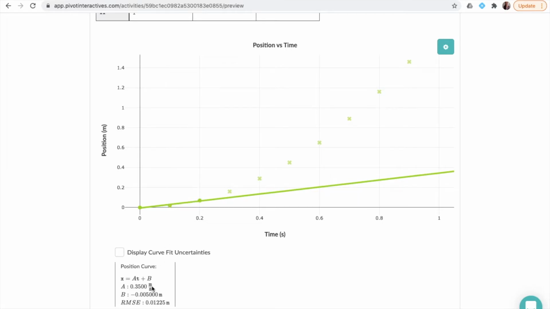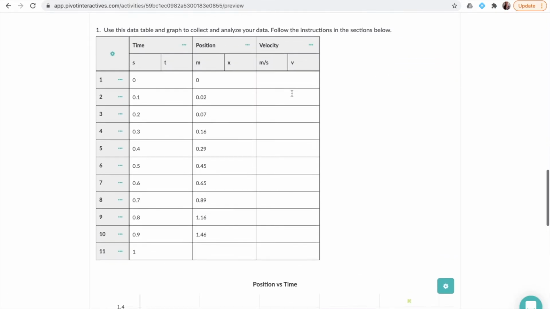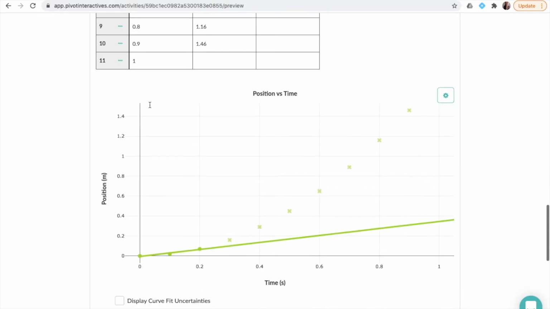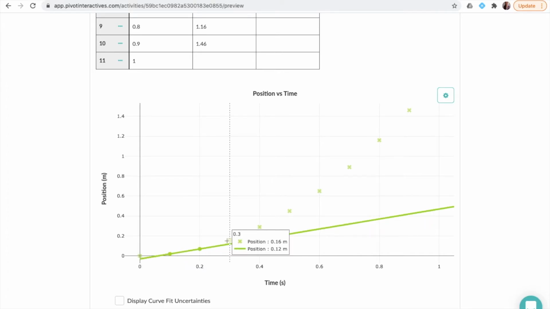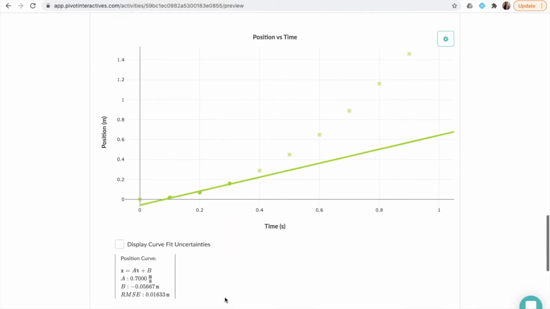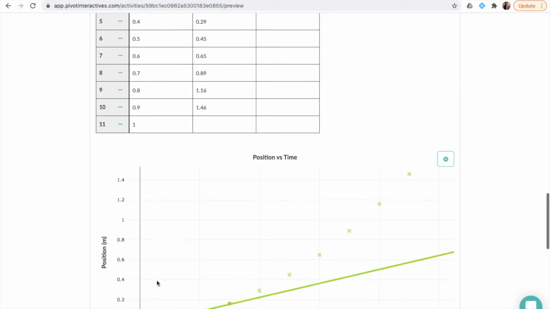When I do this, I see an average velocity of 0.35 meters per second, and that'll actually end up being my velocity, 0.35 meters per second, the velocity at the 0.1 data point. So let's go back and do this again. I'm going to remove the 0th data point and add on the one after 0.2. So if I take the data points around 0.2, I see the average velocity is 0.7 meters per second.